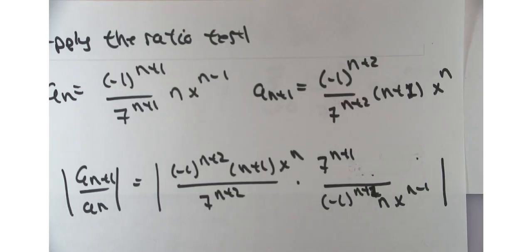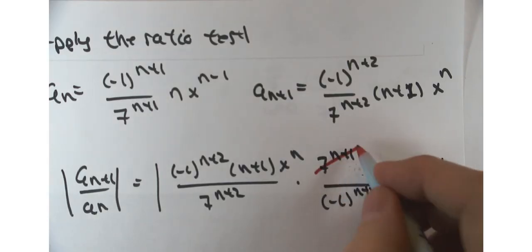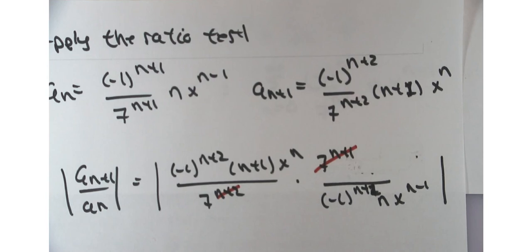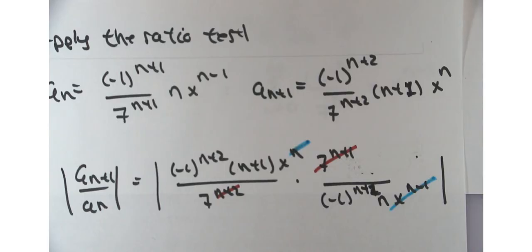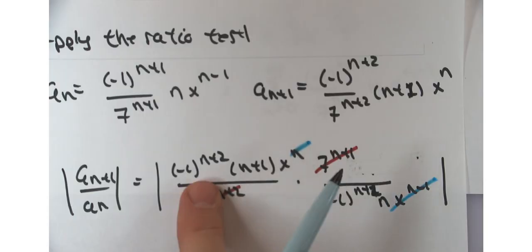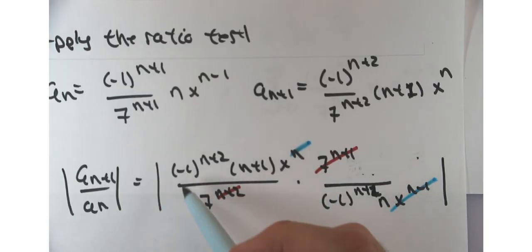We can get rid of all but one of the 7s. Those all go, leaving you with one of them. We can do likewise with the x's. All but one of those go. And then, what else? The negative 1s, yeah, those cancel.